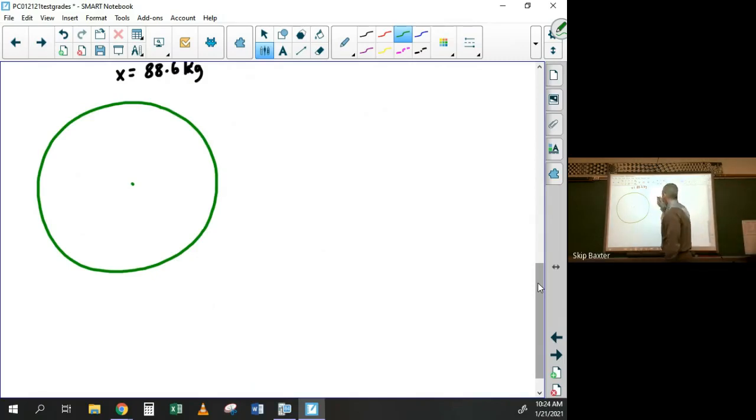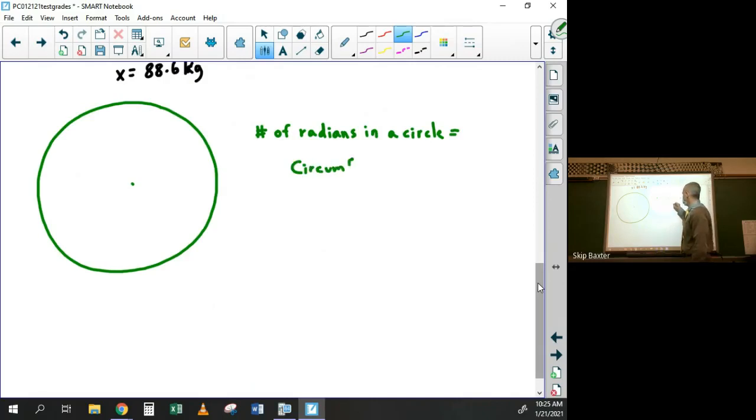So the number of radians in a circle is really just equal to the circumference of the circle divided by the radius.